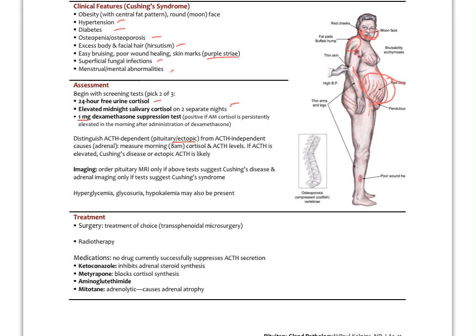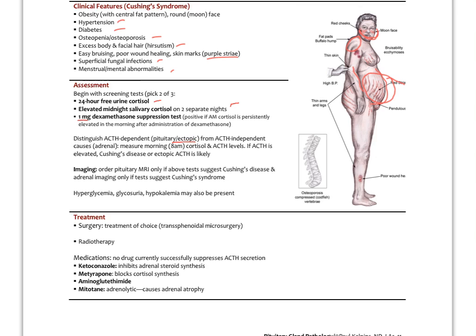I think that's over 5 milligrams, up to 10 milligrams. Usually the high dexamethasone suppression test will suppress the pituitary tumors. There's at least some feedback there. But with an adrenal tumor, there'd be no suppression. So we can use the high-dose dexamethasone suppression to test for that. Again, I'll go over this in the adrenal section, so you don't need to know all these details at this point. Imaging with MRI might be used to look for the adrenal tumor as well.